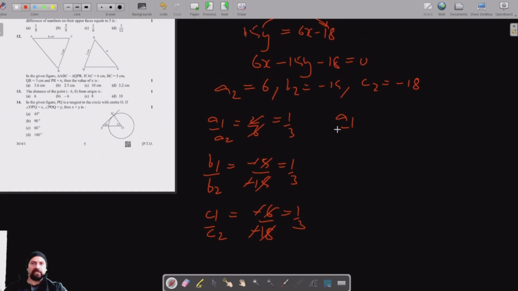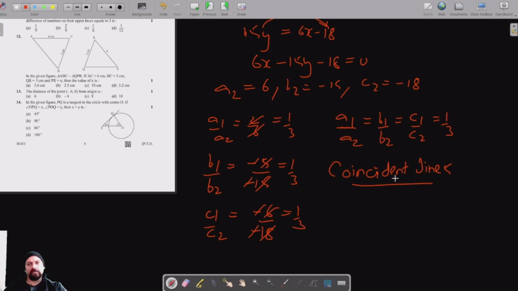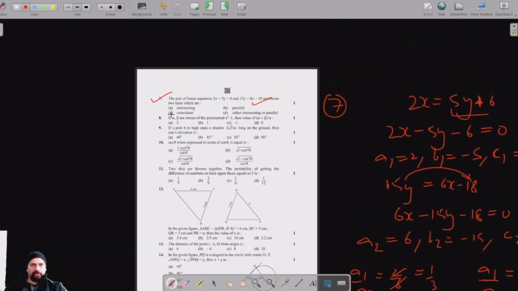Now, a1 upon a2 is equal to b1 upon b2 is equal to c1 upon c2 is equal to 1 by 3. And this shows that these are coincident lines. So our correct answer for this is option C.